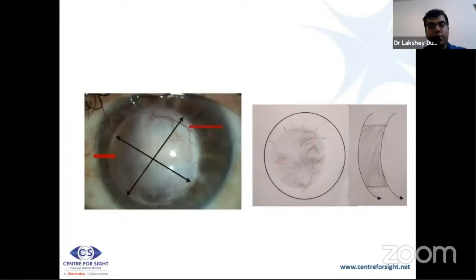This is a corneal scar, and you should show the corneal scar with the black color. The density of the scar is proportional to the density of shading that you do. Then vessels, new vascularization with the red color.